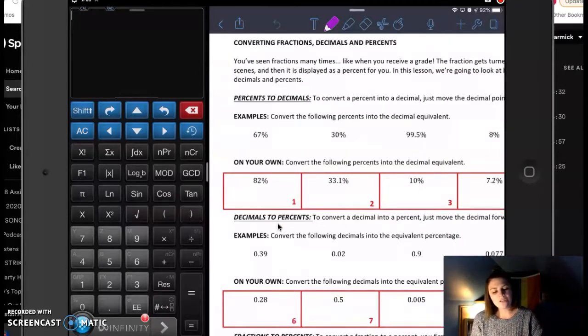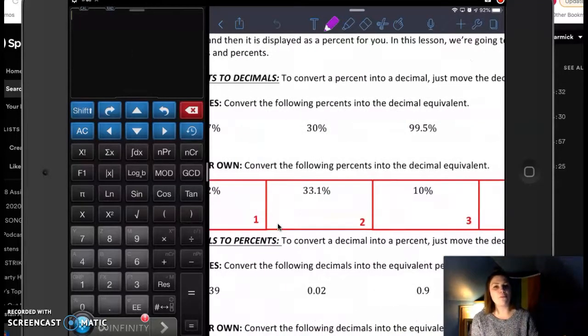It says convert the following percents to the decimal equivalent. So that's just a fancy way of saying I'm giving you a percent, what's the decimal? Something that might help you remember how to do this is the word percent and the symbol with the little zeros and the slash. What's up with that?